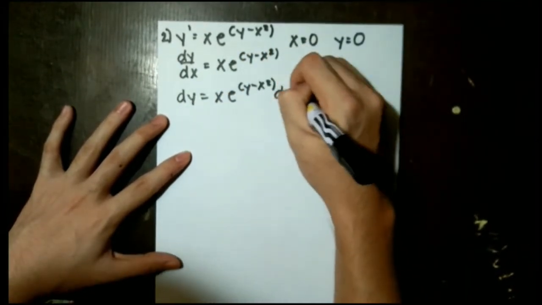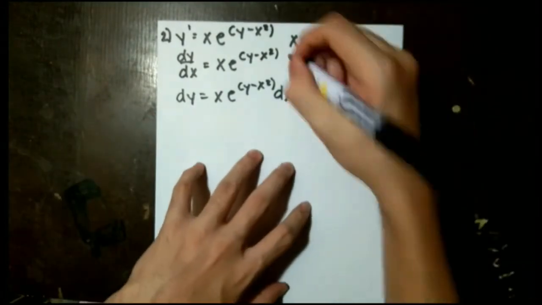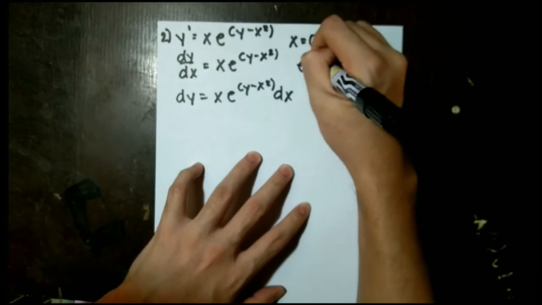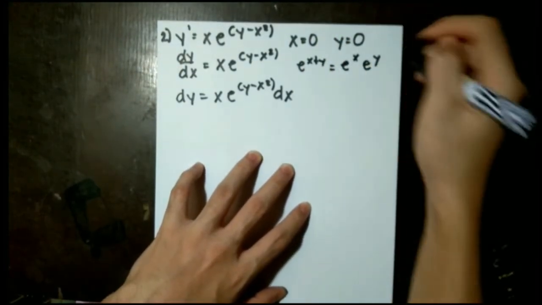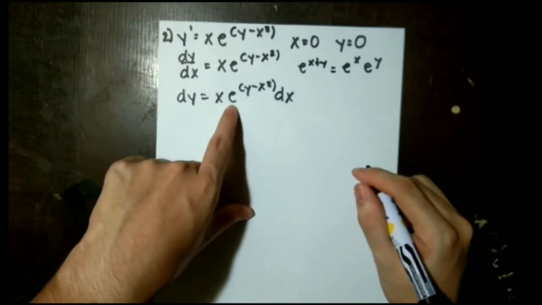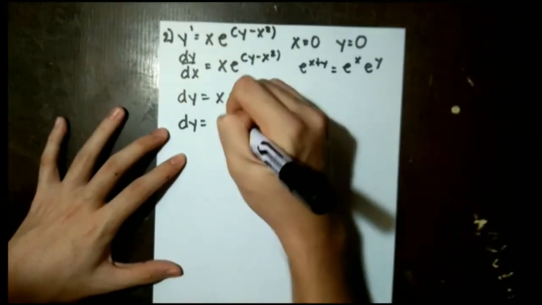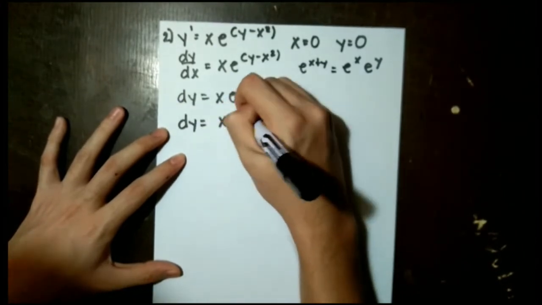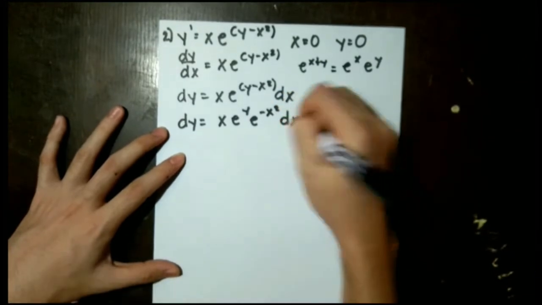So, simple rule ng exponential, let's say for example, e raised to x plus y, equal lang yan sa e raised to x, e raised to y. So, ganun din yung gagawin natin dito sa differential equation na ito. So, dy is equal to x e raised to y, e raised to negative x squared dx.